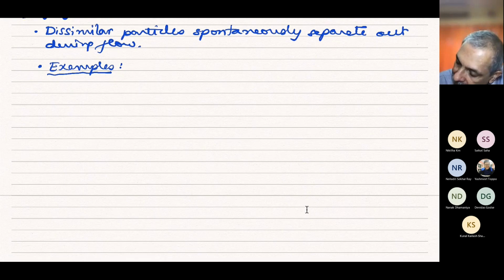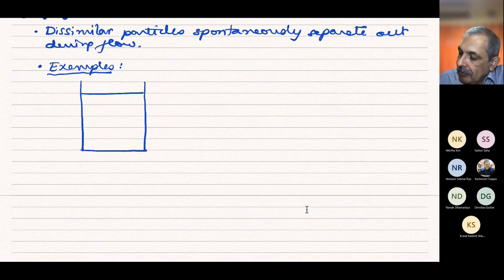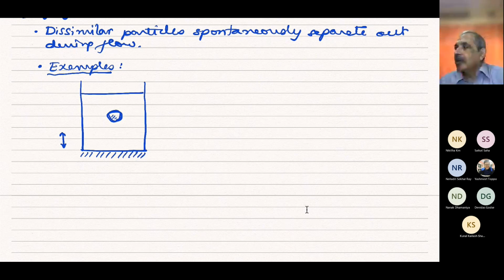So for example, one of the earliest studies was, supposing you take a container and there are some large particles in there, and let's say for argument there's one large particle in there, and then you vibrate this, put it on a table which is just vibrating, or you can imagine that you've taken it on a truck and the truck is going on a rough road, so the container is being shaken up.